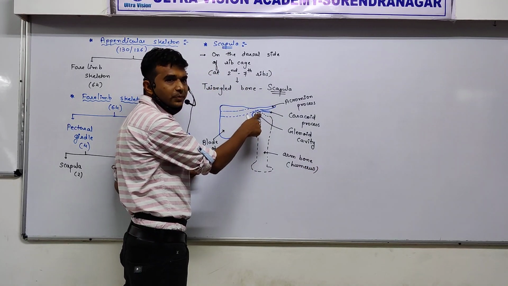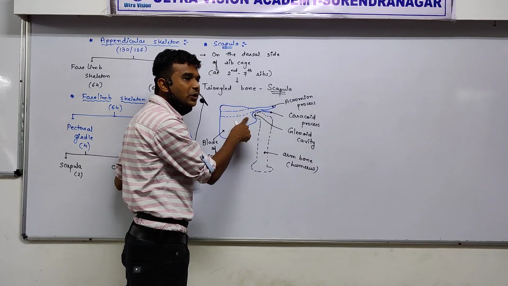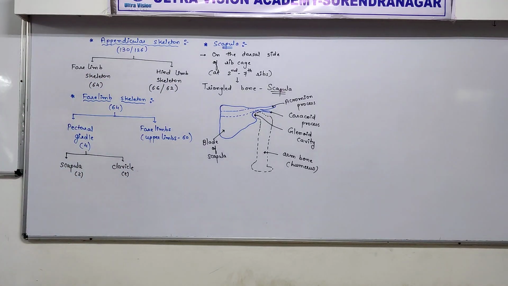The head of the humerus articulates with the socket of the scapula, that is known as the glenoid cavity, and forms the shoulder joint. Okay? Understand?